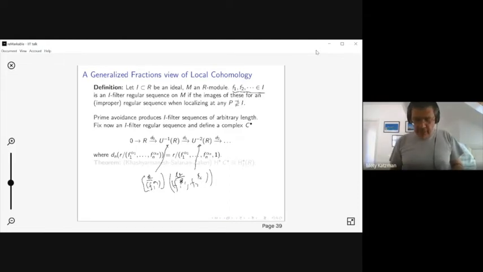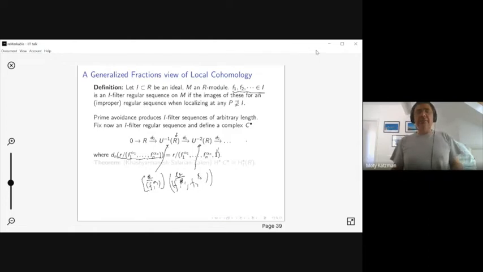And now I'm going to construct a map going from one of these pieces to the next one. And if I'm going to go from the nth entry in this sequence of maps to the nth plus 1, what I do is the differential is going to be, you take this generalized fraction here, and you extend the sequence into the denominator by adding the element 1.